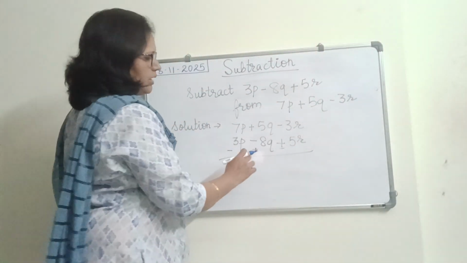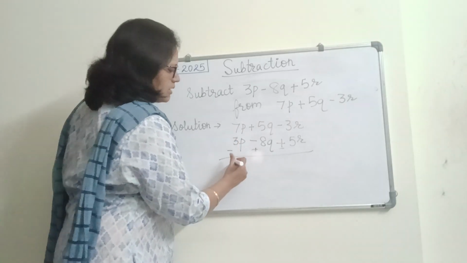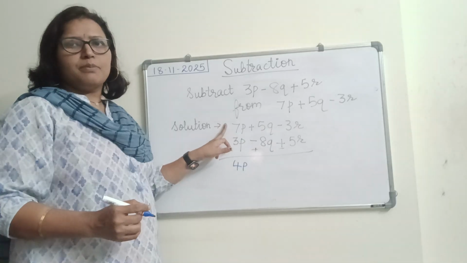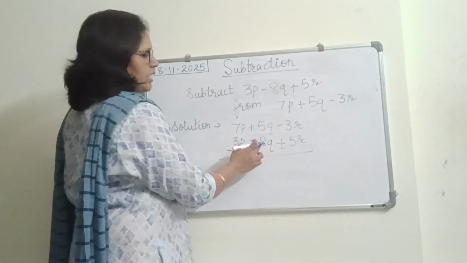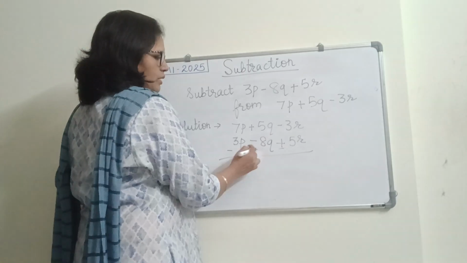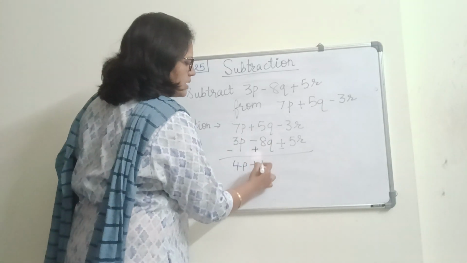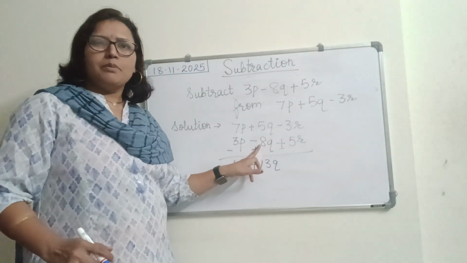Now you have to start subtracting. 7 minus 3, that is 4p. And here plus 7 is bigger, so plus only is coming. Now here, 8 plus 5, that is plus 13q, because 8 is a bigger number.